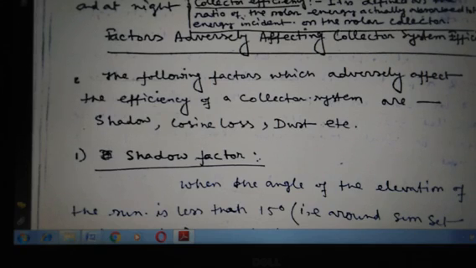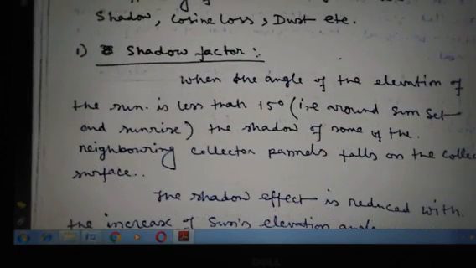Now what is the shadow factor? When the angle of elevation of the sun is less than 15 degrees, that is around sunset and sunrise time, the shadow of some of the nearest collector panels falls on the collector surface.